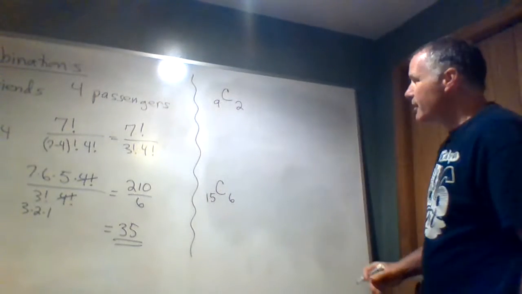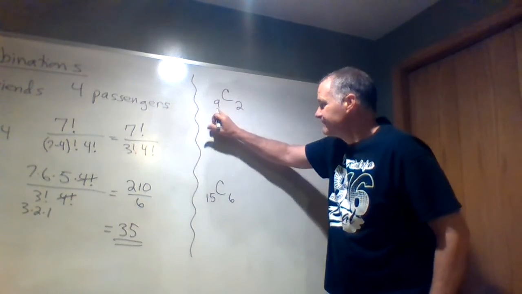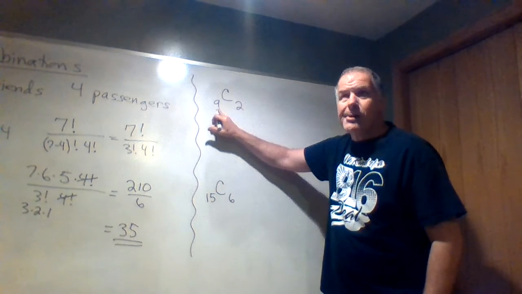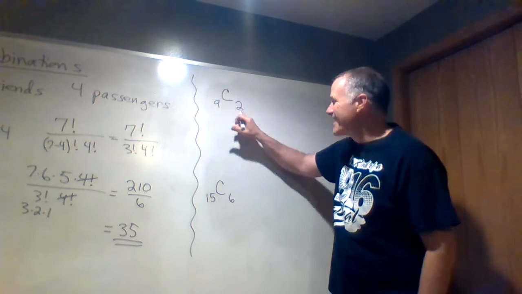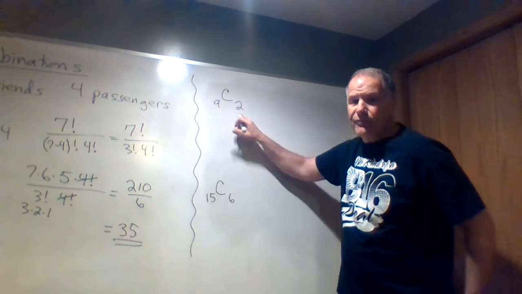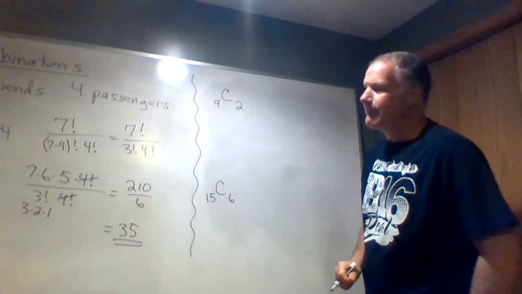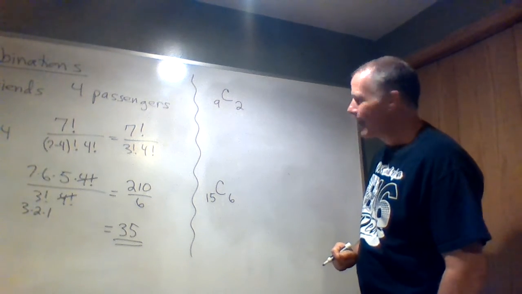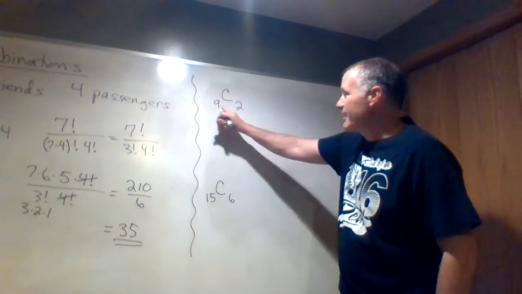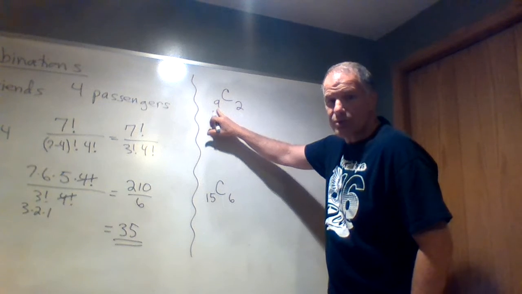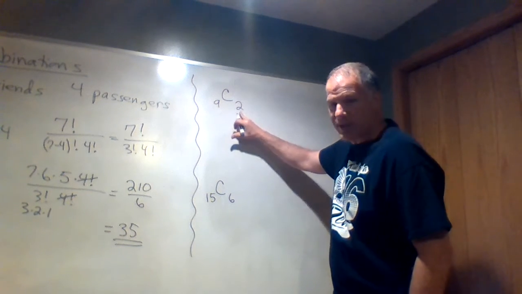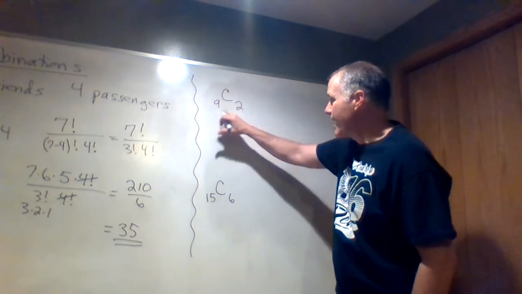Okay? So we've got 9 things taken in 2 different ways. So I'm grabbing 2 at a time. Maybe you have 9 sets of clothes, and you're going to take 2 at a time, a shirt and a pants. How many different ways?